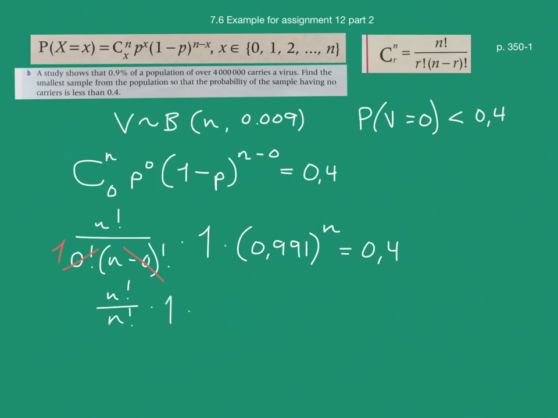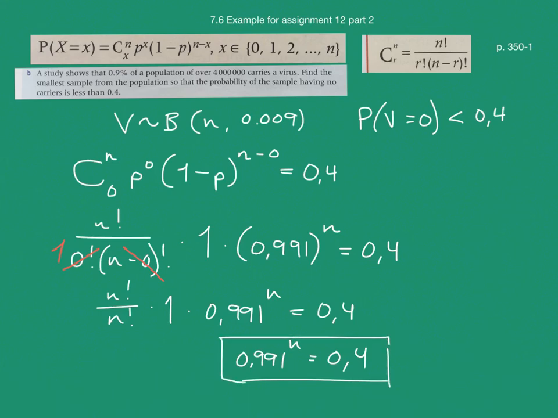And then we have 0.991 to the power of n equals 0.4. So the final equation is going to be 0.991 to the power of n equals 0.4. And now we really need to graph this, and we're going to compare this graph with the probability level that we have, which is 0.4.